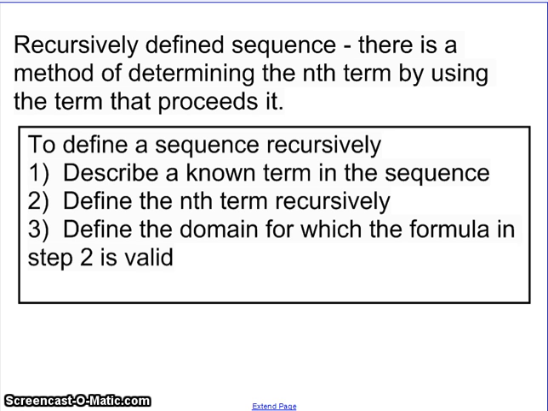That's usually the first term. You have to use an algebraic expression to define the nth term recursively, and we'll explain more about how to do that. And you have to describe the domain for which step 2 is valid, okay? Make sure that this is in your notes. Pause the video to get it all in your notes. I'm going to move forward to the first problem.